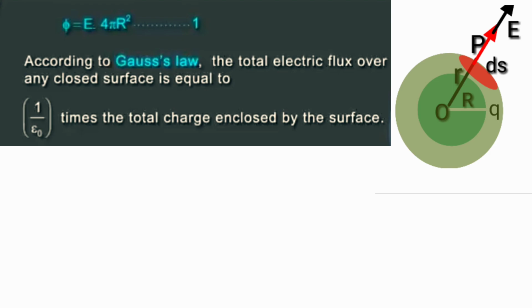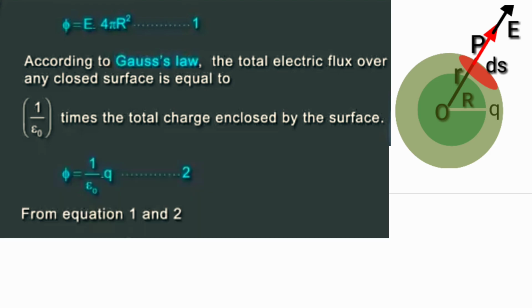According to Gauss's law, the total electric flux over any closed surface is equal to 1 by epsilon naught times the total charge enclosed by the surface. So Φ is equal to Q by epsilon naught, by Gauss's law.